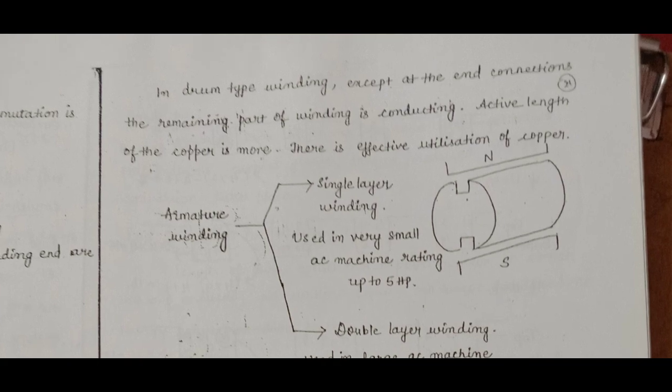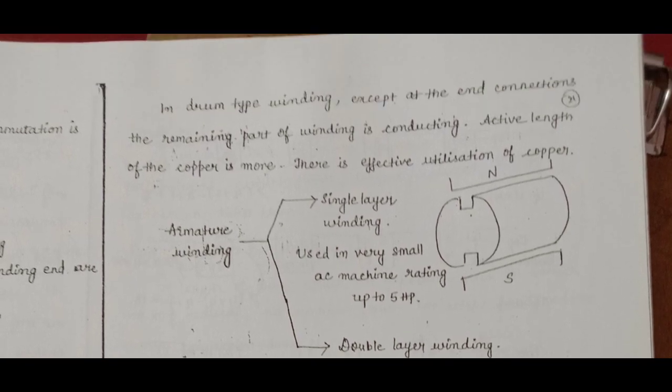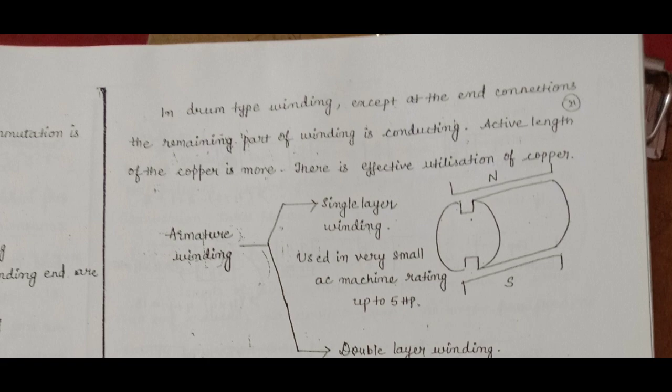In drum type winding, except at the end connections, the remaining part of the winding is conducting. The active length of copper is more, so there is effective utilization of copper. So we use the drum type winding.